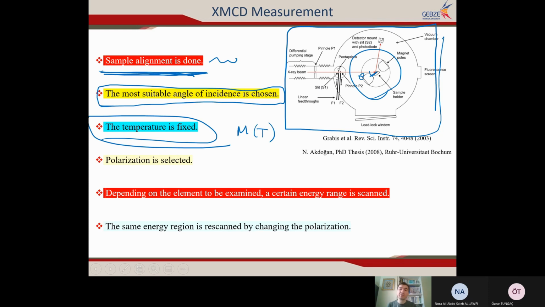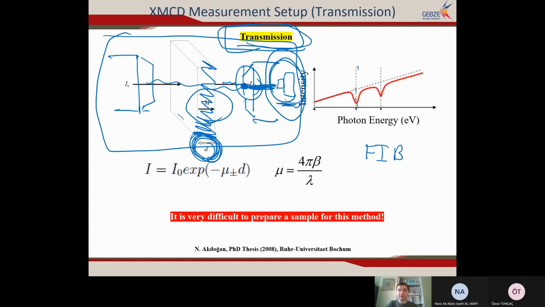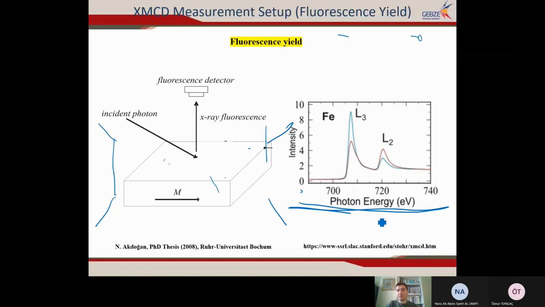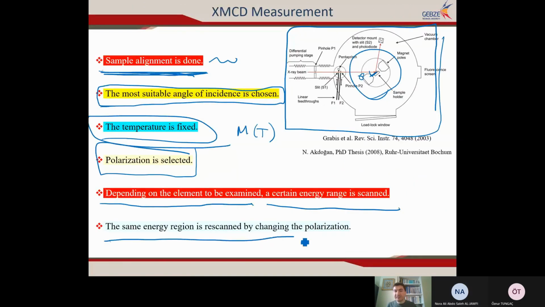For ferromagnetic materials, especially close to the transition temperatures, magnetization is affected a lot, and also the X-ray matter interaction is affected by the temperature, so you have to fix the temperature. Polarization is selected, and then depending on the element to be examined, a certain energy range is scanned. As I told you here, okay, we scan the energy. And then the same energy region is rescanned by changing the polarization, as I have explained in the previous transparencies.